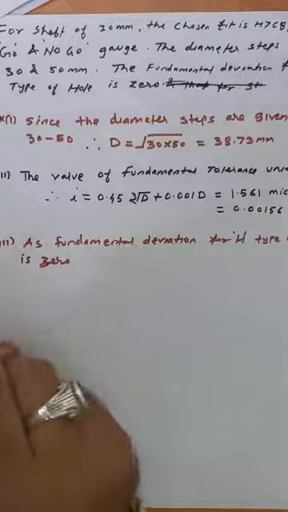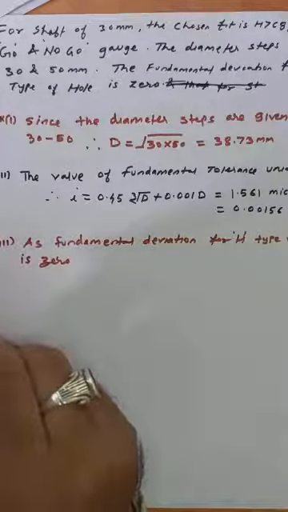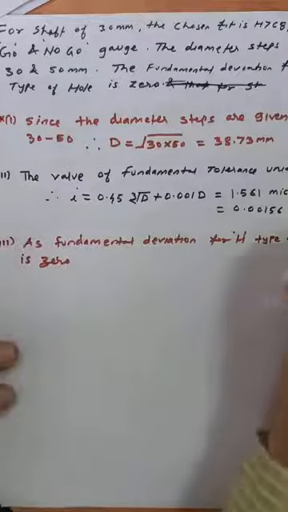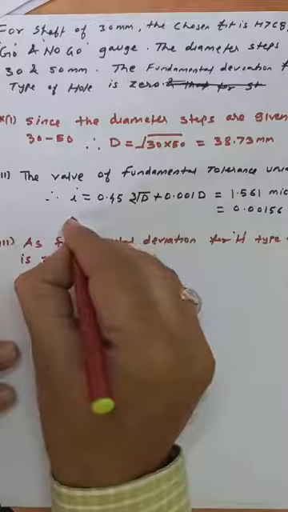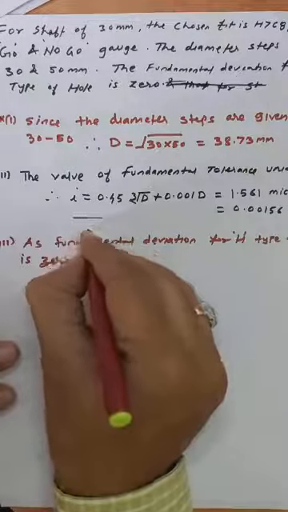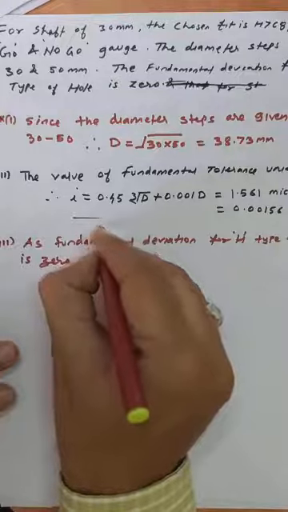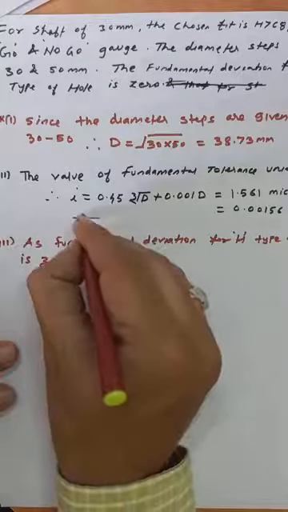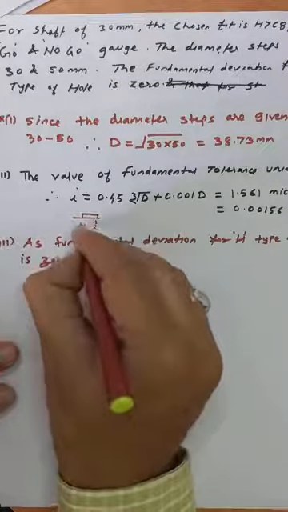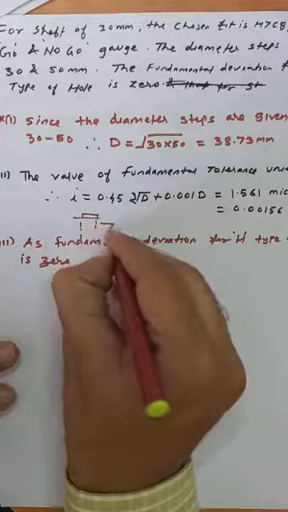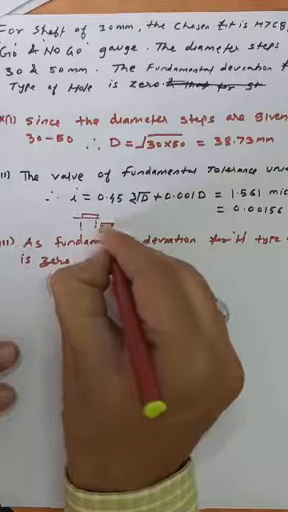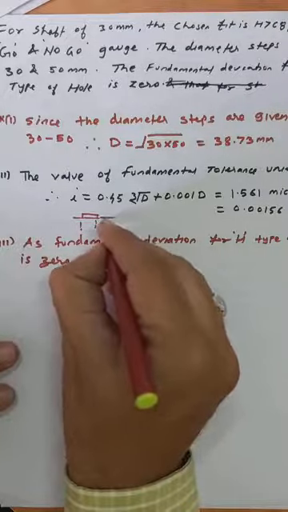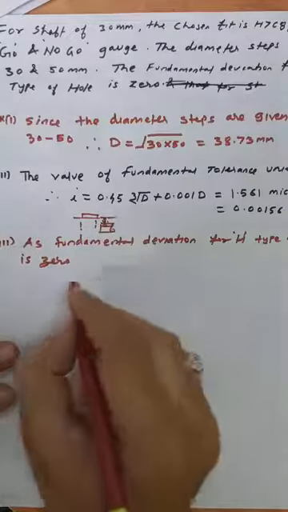So what is this fundamental deviation? Fundamental deviation means if this is the basic size, if this is the hole, this is the shaft, then this difference is known as fundamental deviation.